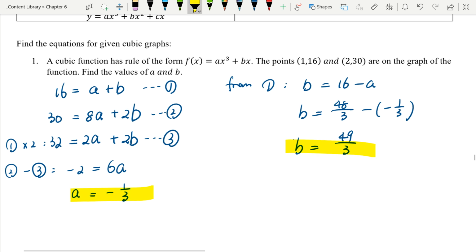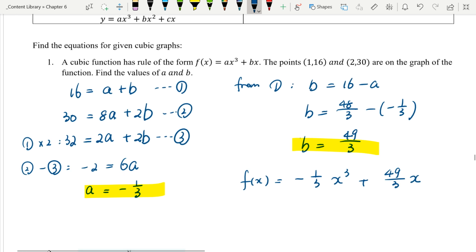That's the value of a, that's the value of b. So f(x) is minus a third x cubed plus 49 over 3 x. Just basic substitutions, finding equations.